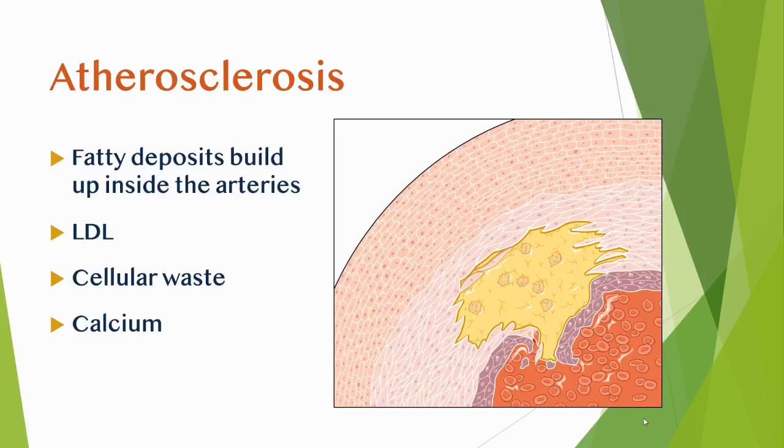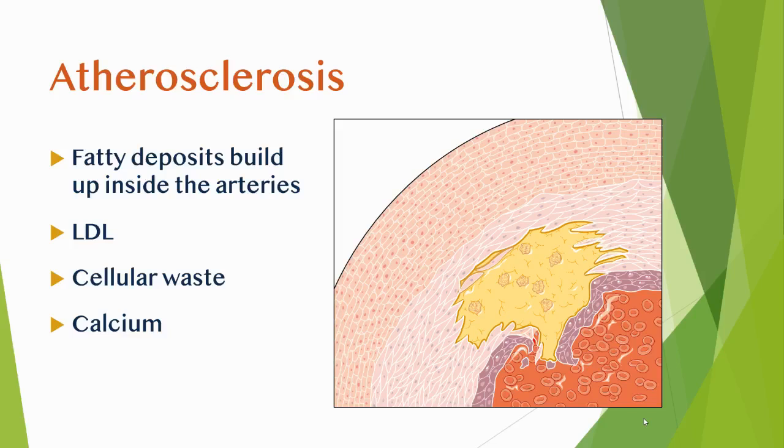Atherosclerosis disrupts that smooth flow of the blood. It is a gradual process where various substances build up on the inside of the artery walls and form a sticky substance called plaque.